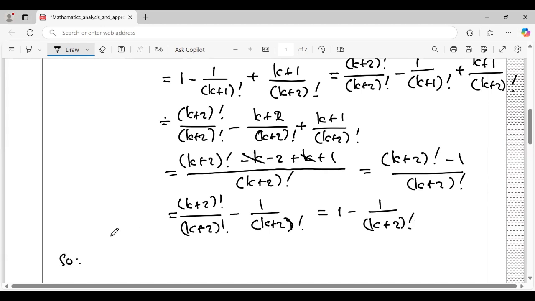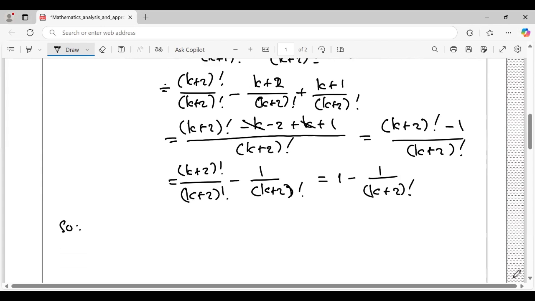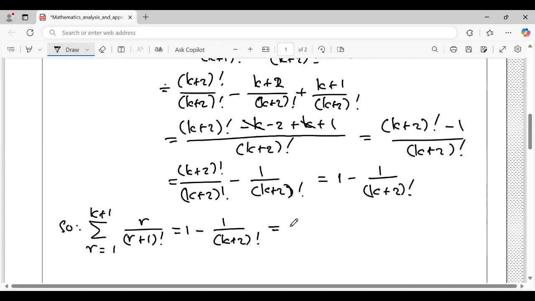So we can state that the sum from r equals 1 to k plus 1 of r over (r plus 1) factorial equals 1 minus 1 over (k plus 2) factorial, or equal to 1 minus 1 over (k plus 1 plus 1) factorial.